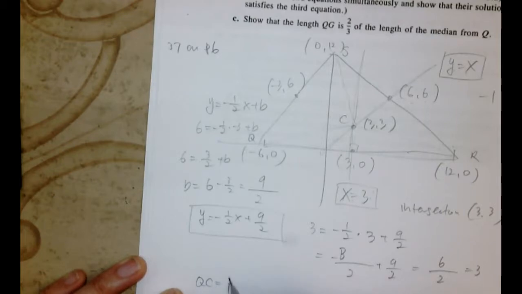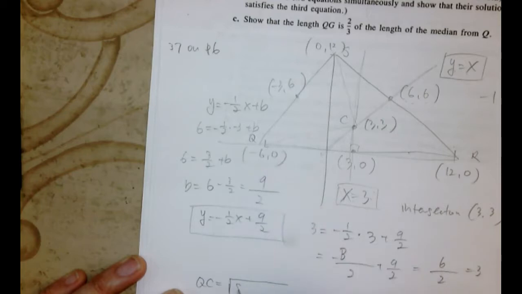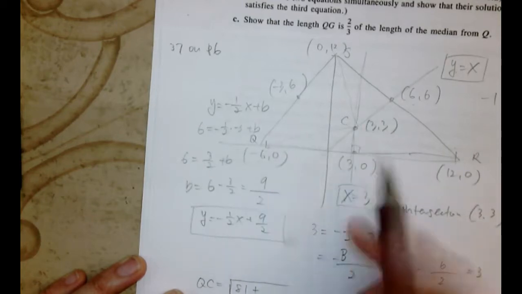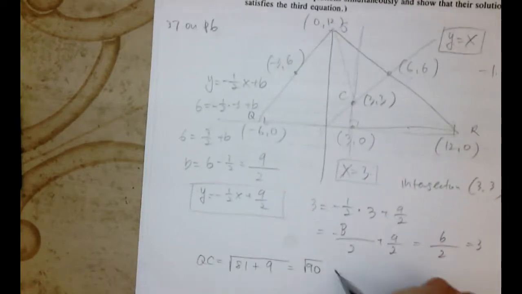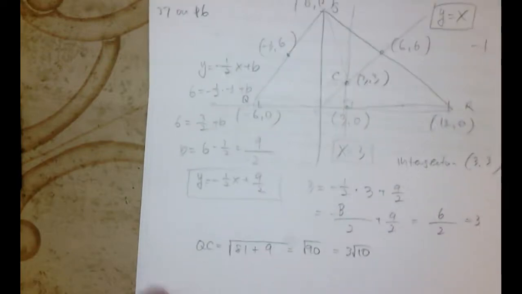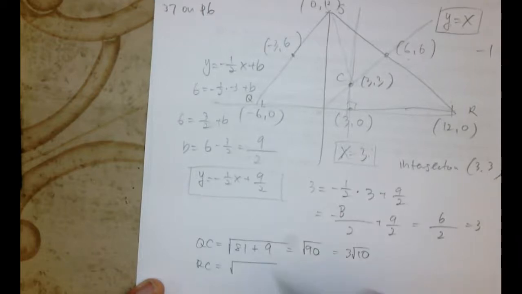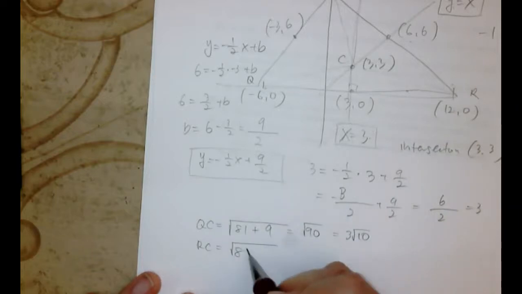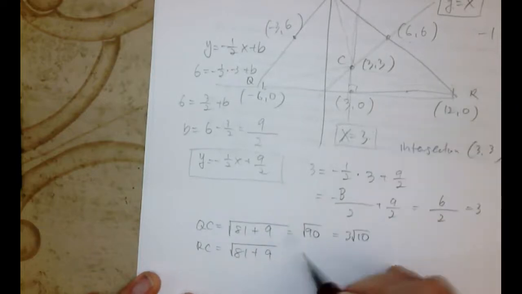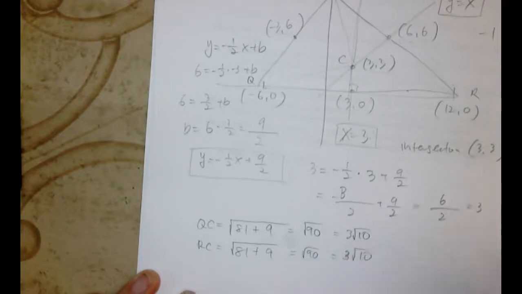QC is the square root of x difference 6 to 3, that's 9, so 81 plus 3 to 9, 81, equals square root of 90, which is 3√10. Okay, and then let's do RC. Square root of 3 to 12 is 9, so that's 81, and that's 81, so that's the same, 3√10.